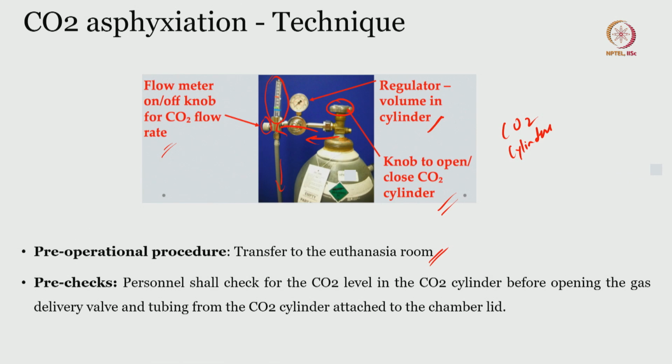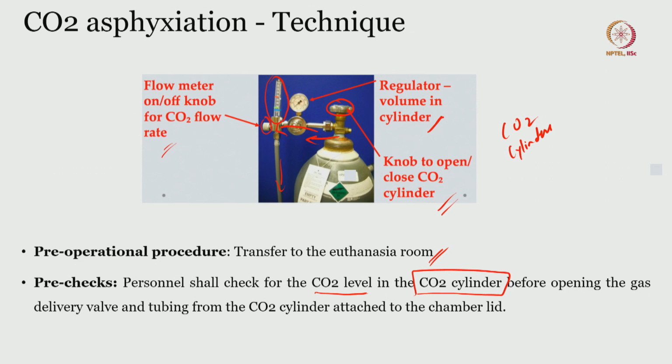Then the personnel will check the carbon dioxide level in the carbon dioxide cylinder. That is very important. Before you actually begin the procedure, that level has to be checked. If the same cylinder has been used many times, then your entire attempt is going to be futile, and with the inadequate flow rate, the rat is going to be in significant distress.